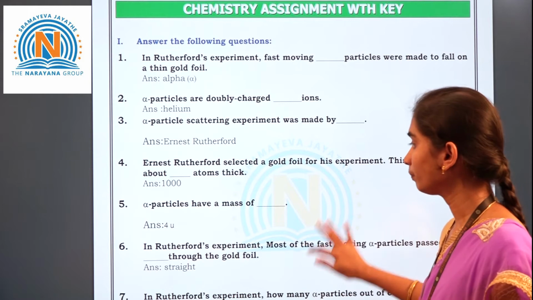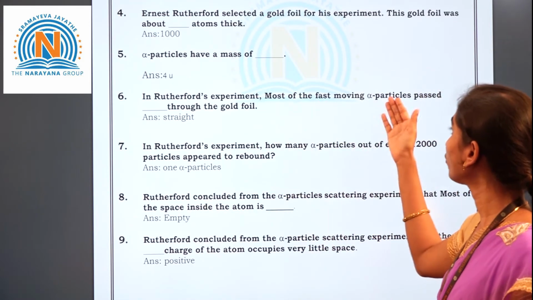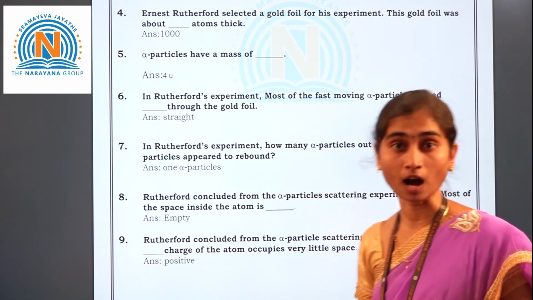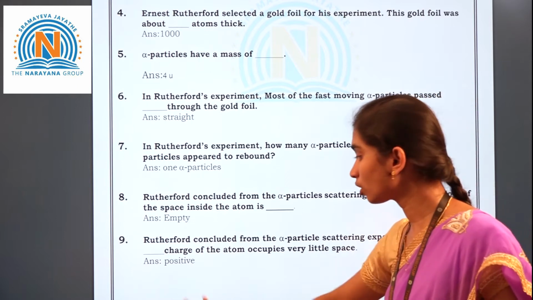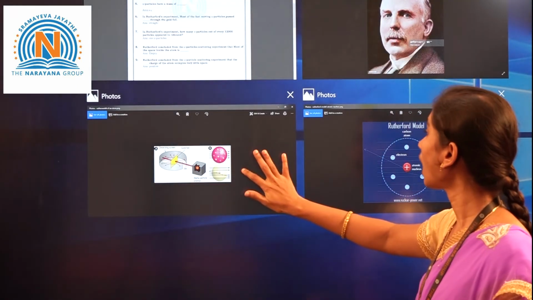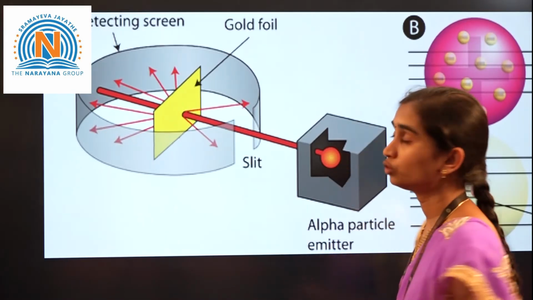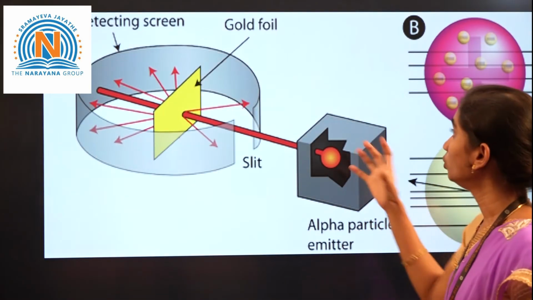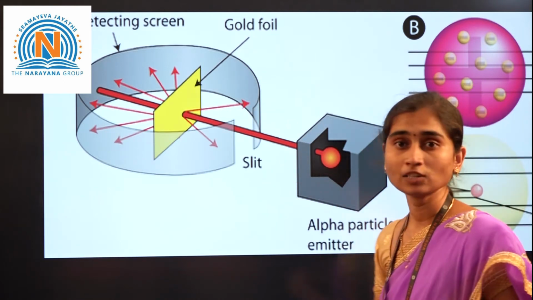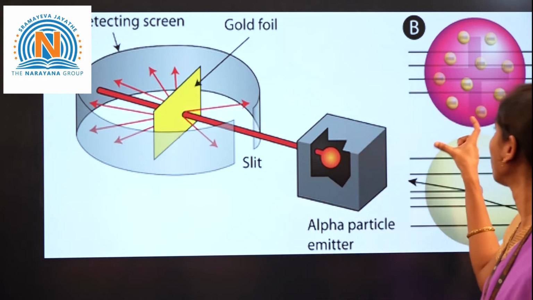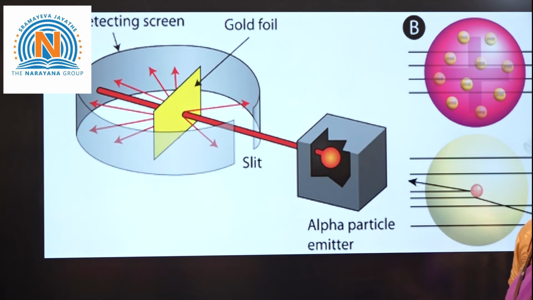The next question: in Rutherford's experiment, most of the fast moving alpha particles passed dash through the gold foil. When we observe the Rutherford nuclear model, when alpha particles pass through the thin gold foil, most of the alpha particles go in a straight line direction.